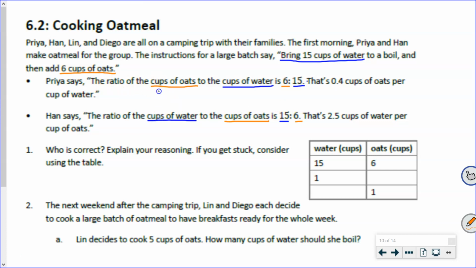Yeah. So who's correct? They're both correct. How is it possible that they're both correct when they're obviously very different? Now go back and rediscuss. How are they both correct?